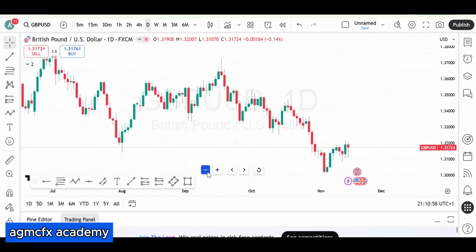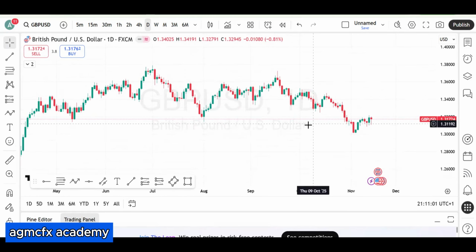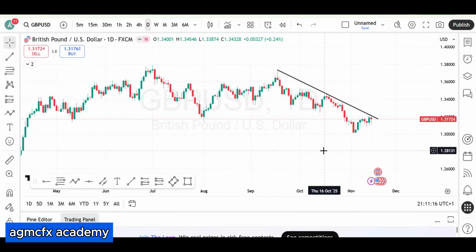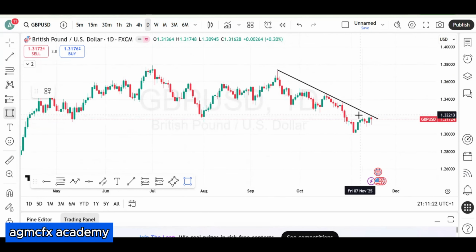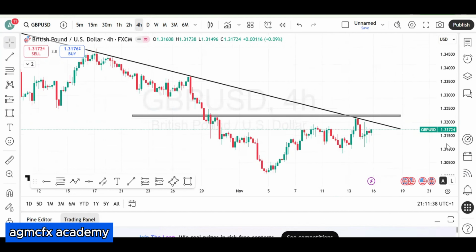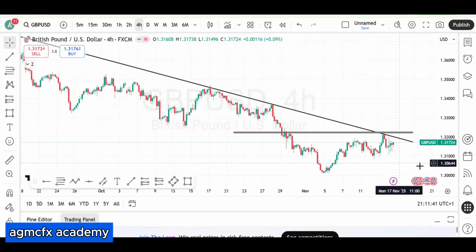Okay, so this is a bullish engulfing, and you also have a bullish hammer. But let's look at the trend. So yes, if this market breaks above this trend line, then we can see that the market is going up. So for this week, let's go to 4 hours and see some of the things we can also get for a confirmation.